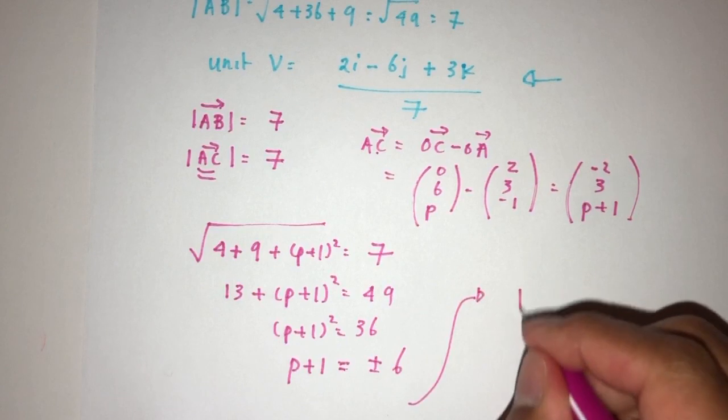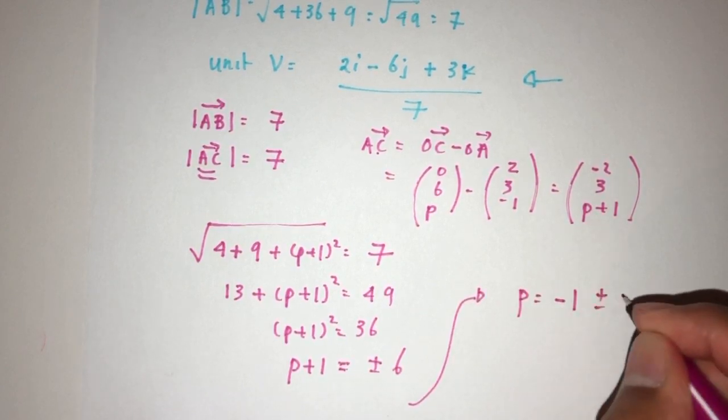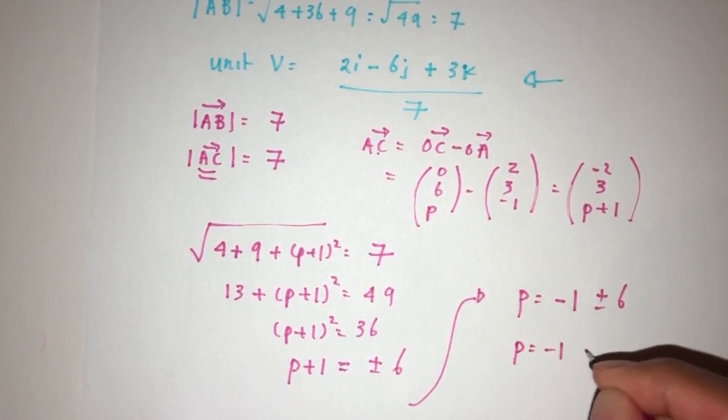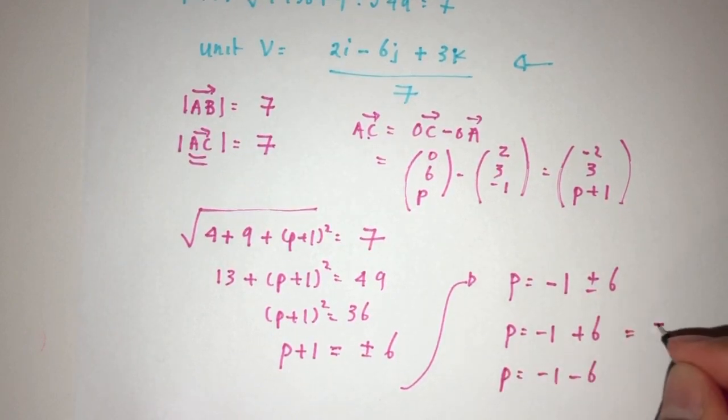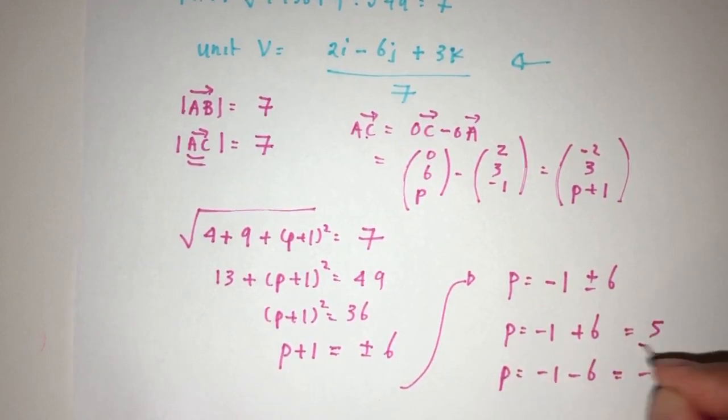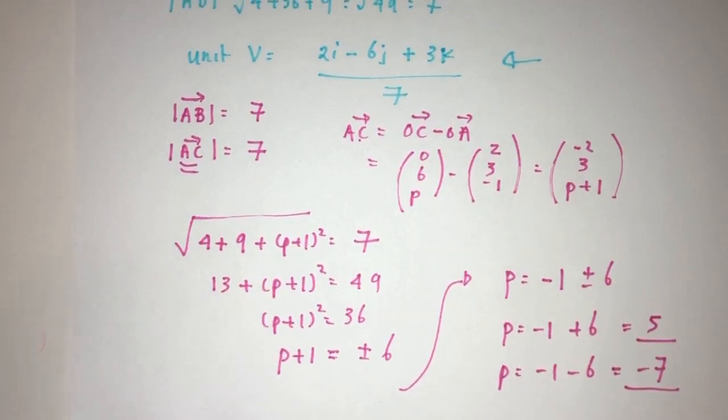Now from this, P equals minus 1 plus or minus 6, so P can be minus 1 plus 6, or P can be minus 1 minus 6. That could be 5 or could be minus 7. So these two are the possible values of P for when their lengths are equal.